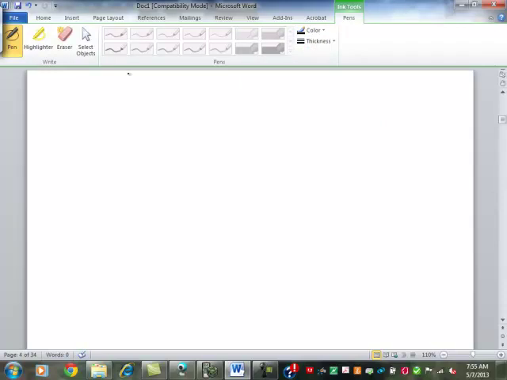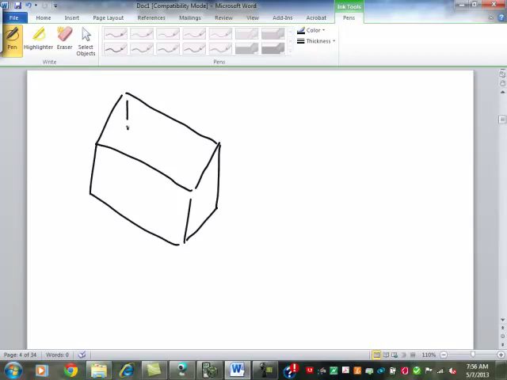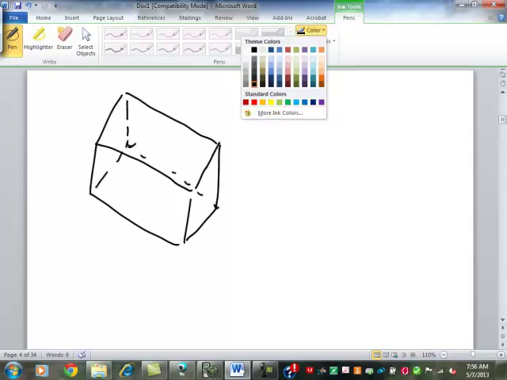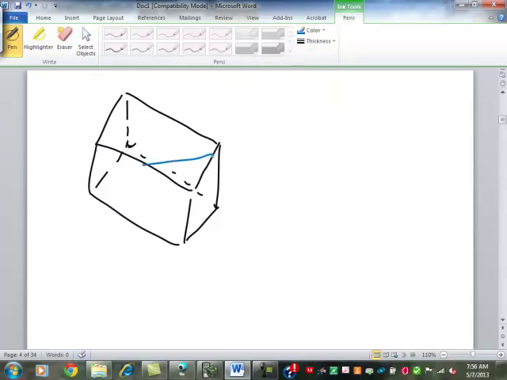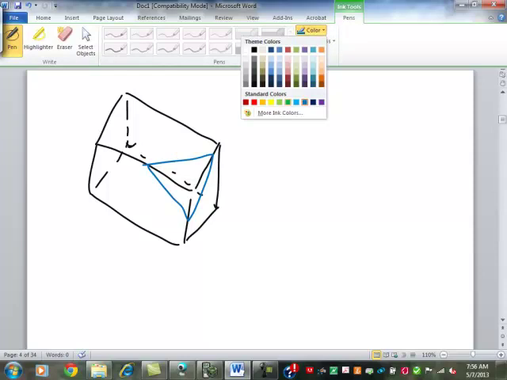Ten and 11. So what we're doing is we're cutting out this corner like this to machine off a flat surface.